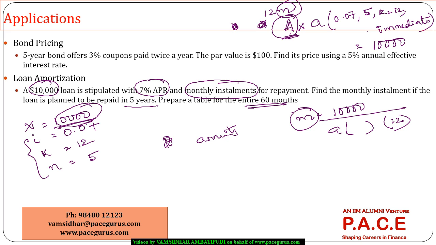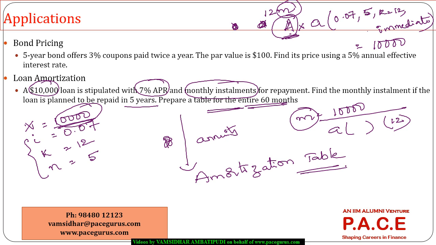But in some cases, I might be interested in preparing a table for the entire 60 months, which is what we typically call an amortization table. How much EMI we are paying, corresponding to what is the interest part, what is the principal part. We want to do that kind of a table.